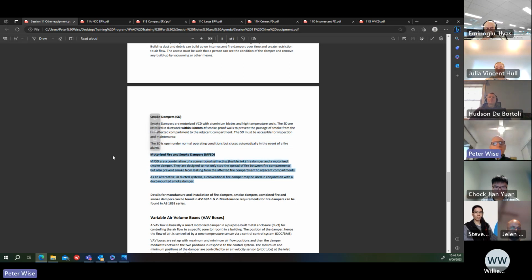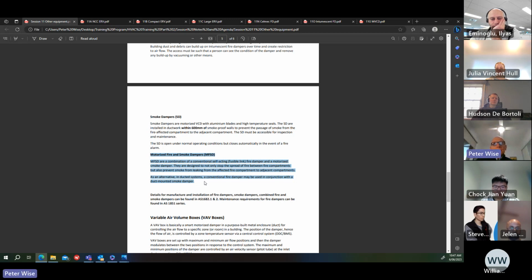They can also get motorised fire and smoke dampers. They're quite bulky. The combination of a conventional self-acting fire damper or fusible link fire damper and a motorised smoke damper. There's been a lot of controversy about these achieving the required leakage from the testing standard.